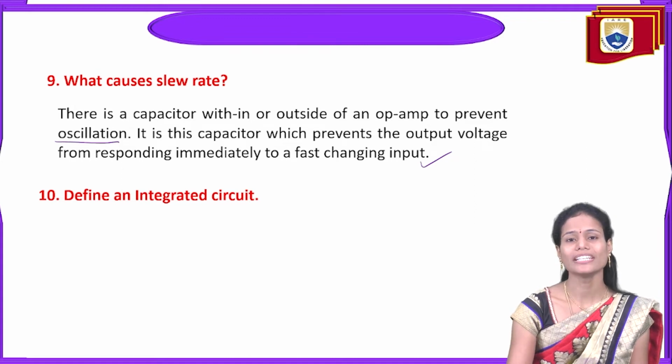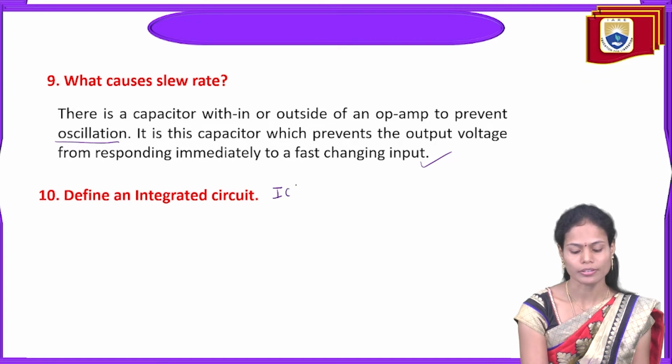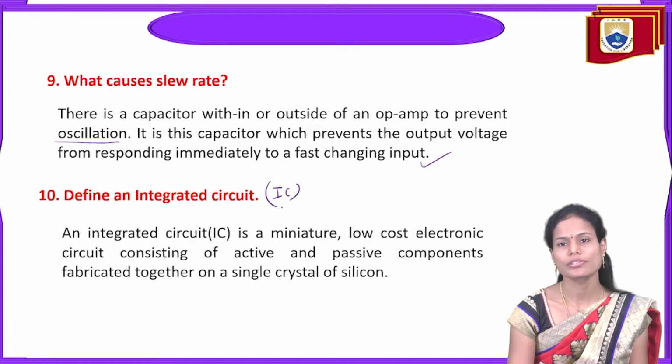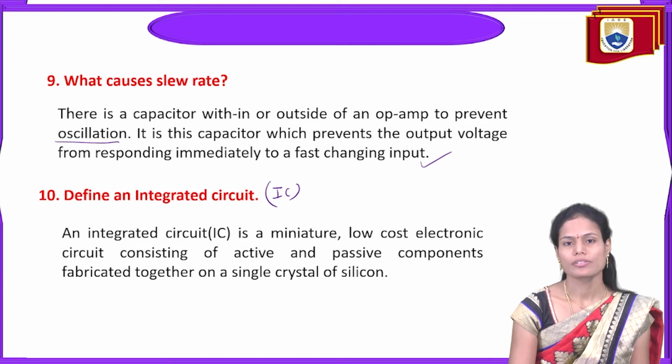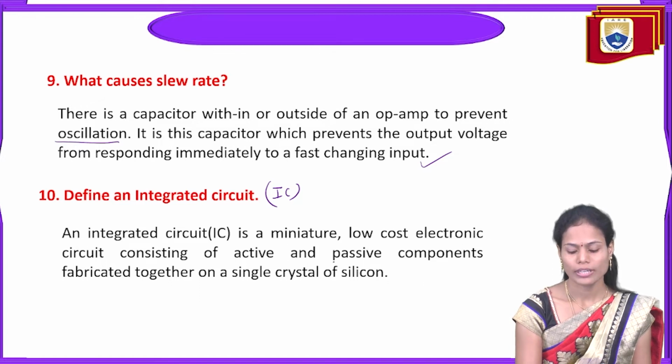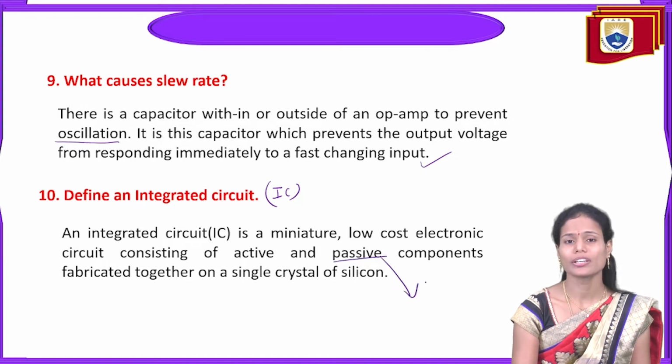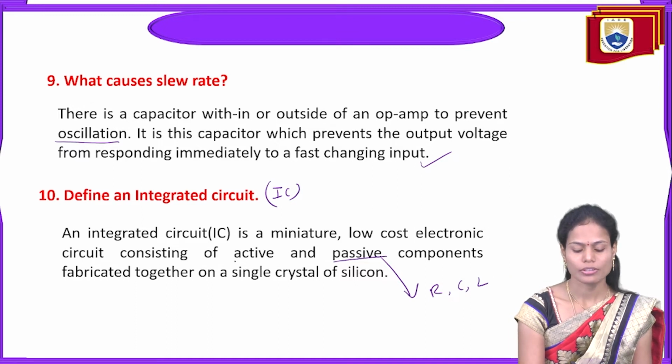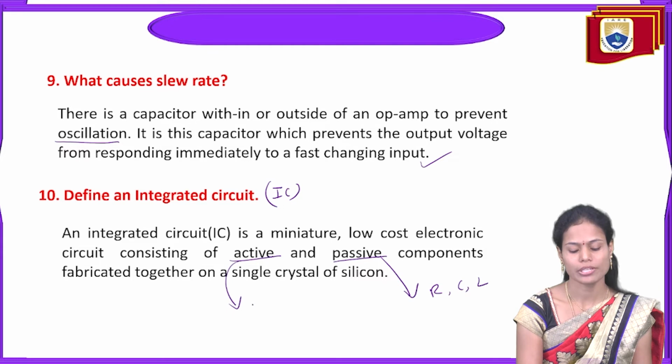And next, defining integrated circuit or IC. So here IC is nothing but a small size chip and it is a very low cost device. An IC consists of both active as well as passive elements. Coming to the passive elements, we can integrate resistors, capacitors, inductors, etc. on the IC. Along with these, we can also include active elements like bipolar junction transistors, field effect transistors or operational amplifiers.